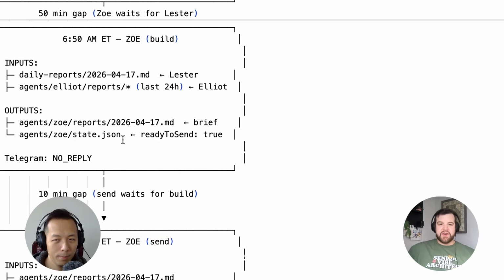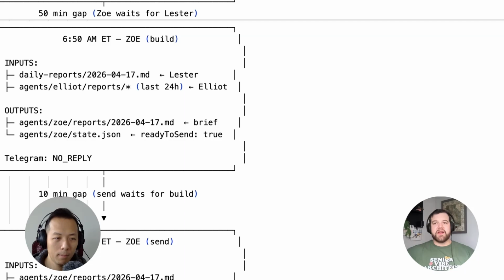Before I do that, I just want to note something really important here, which is this state.json. So each of these agents has their state file, and their state file essentially just says whether they are ready to send or not. For anyone who's sending me a message in Telegram, they have this state file.